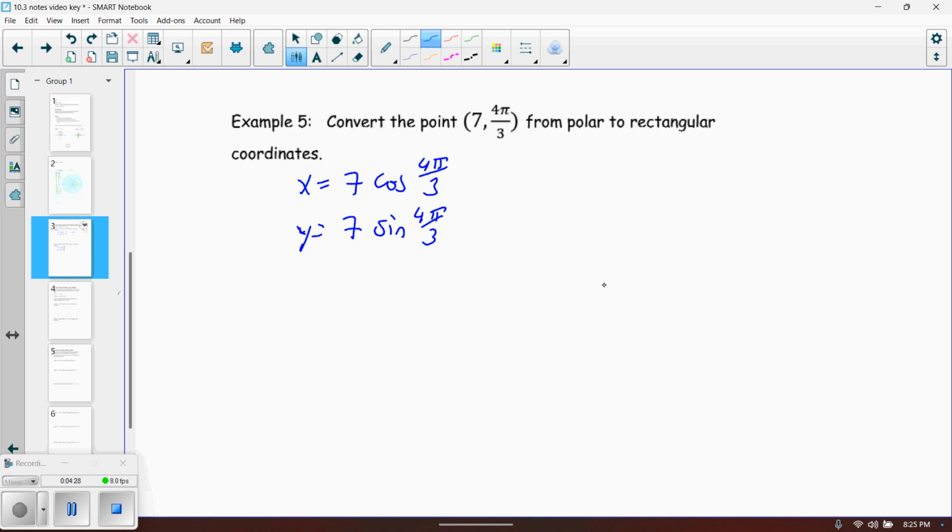Cosine of 4 pi thirds is -1/2, so times 7 is -7/2. Sine of 4 pi thirds is -√3/2, so we're going to get -7√3/2. So our rectangular coordinate is -7/2, -7√3/2.